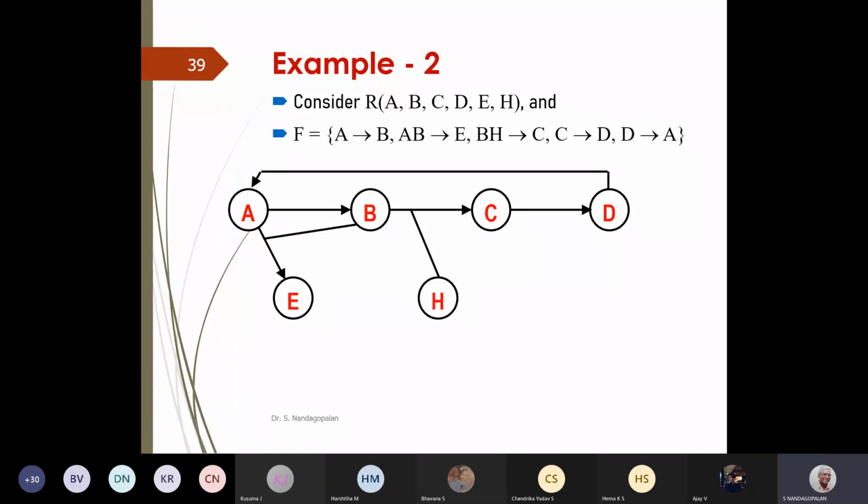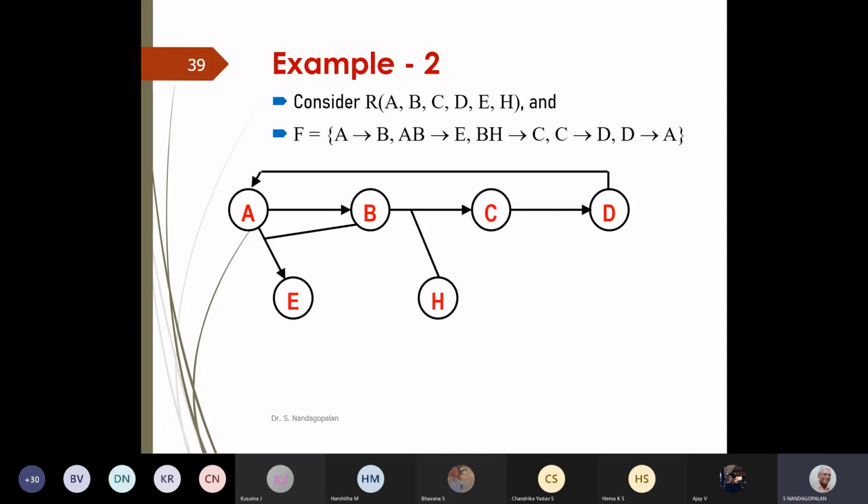Now we have to write VNI and VOI. That means attributes or vertices where there is only outgoing, no incoming. So which are those attributes? We have to find VNI.